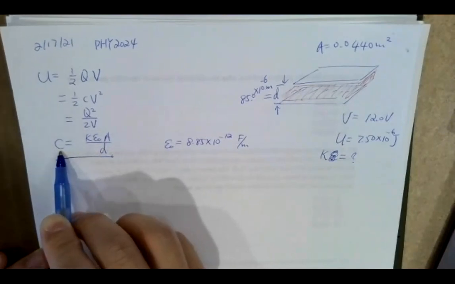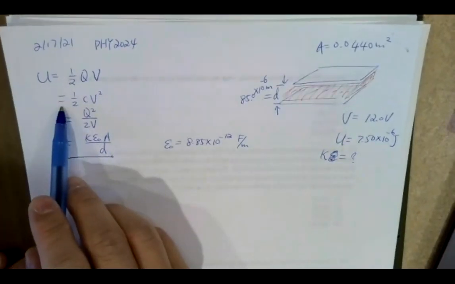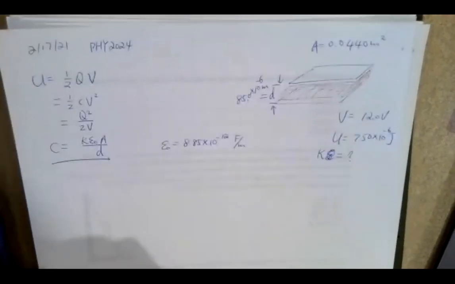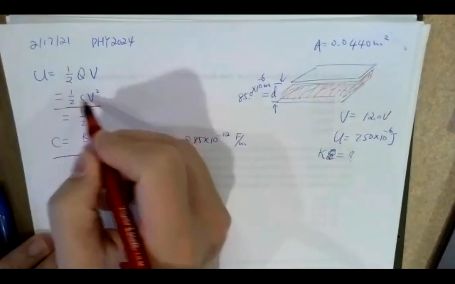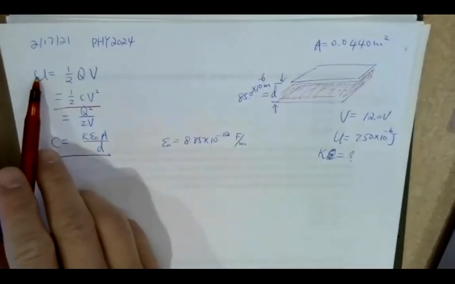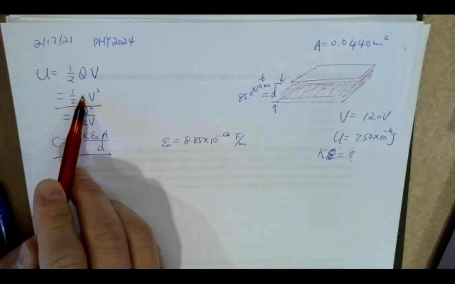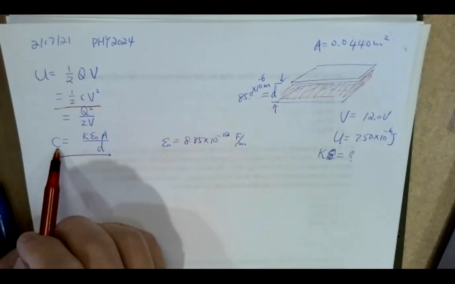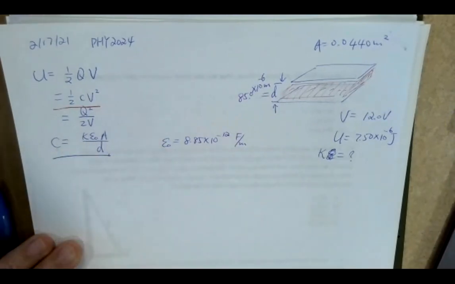C can be related to the energy stored. In this expression, the second one has the capacitance C in it, so you're taking the second expression there. U is given, V is given, so you can figure out C first. Then you can calculate C, take it into this expression, and solve for kappa. Okay, so that's how you can do it.